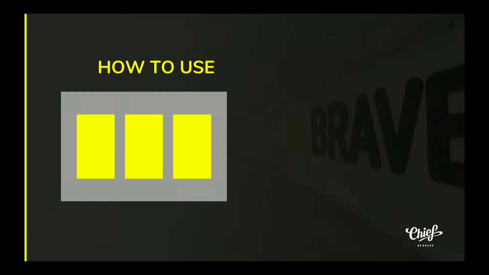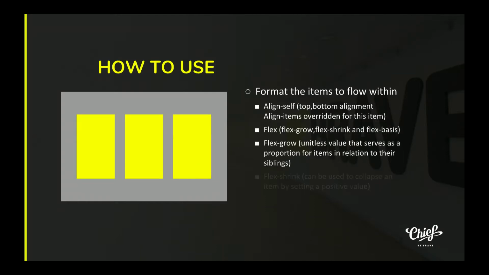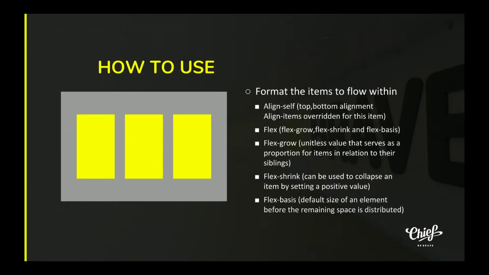And then if you want to override that alignment for one particular item, say you have 6 items in a row and the first 4 need to be aligned with each other, but the last 2 need to be aligned to the bottom, you can do that with align self. Also you can set hierarchy in terms of proportions here. Flex grow and flex shrink are really useful if you have, say, a headline and some detail text and you want your headline to span wider if it possibly can.